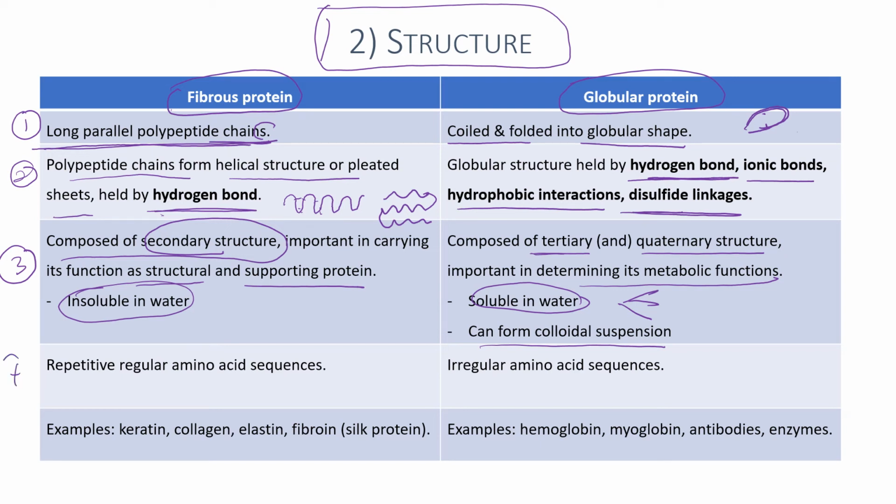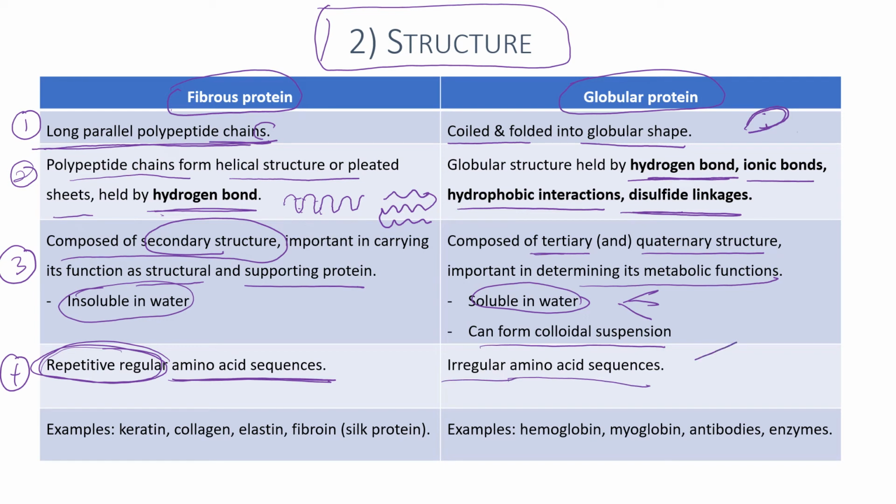And then the next comparison between fibrous and globular protein. For fibrous protein, the amino acid sequence along the polypeptide chain is regular and repetitive. And for the globular protein, the arrangement of the amino acids is irregular.